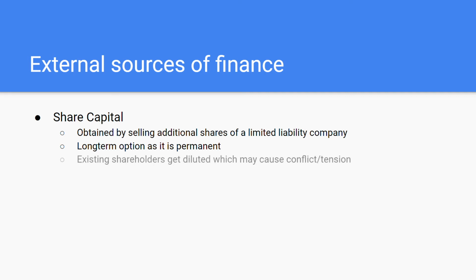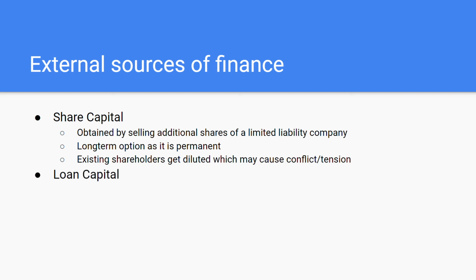The only disadvantage may be that the existing shareholders get diluted, which may cause stakeholder conflict or tension between the owners of the company and, for example, the management who decided to do this action.